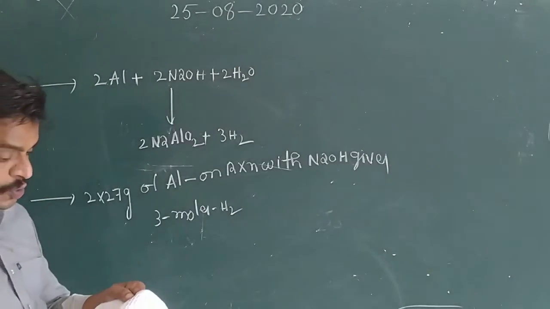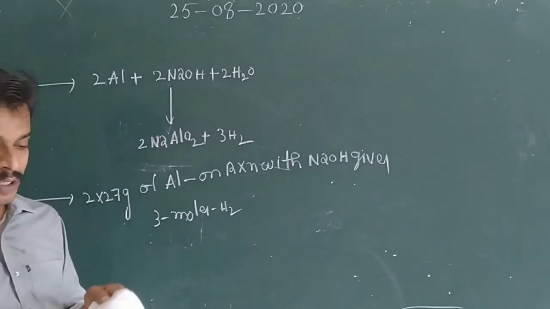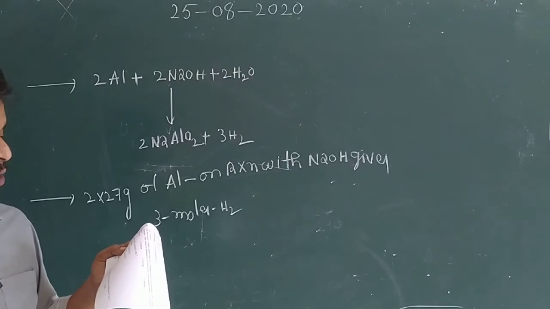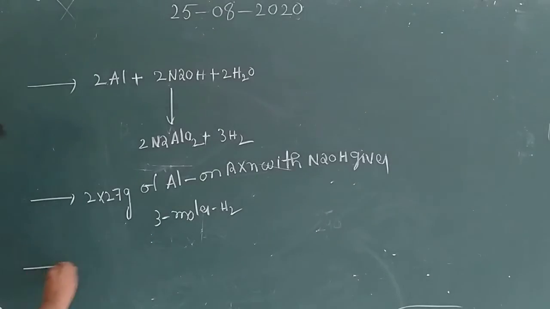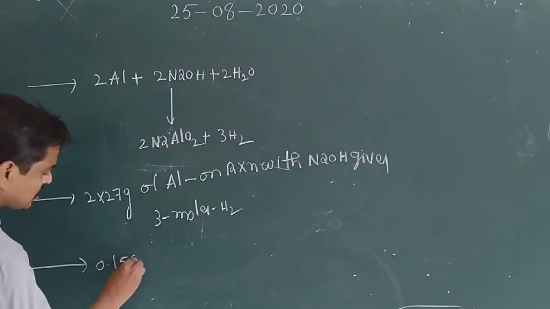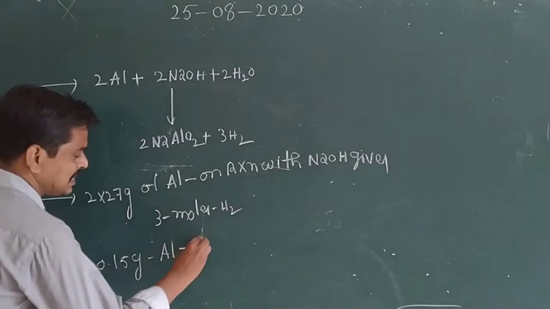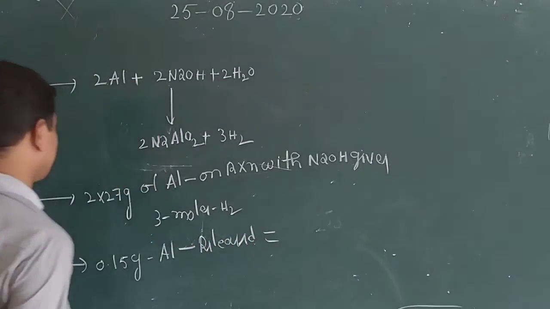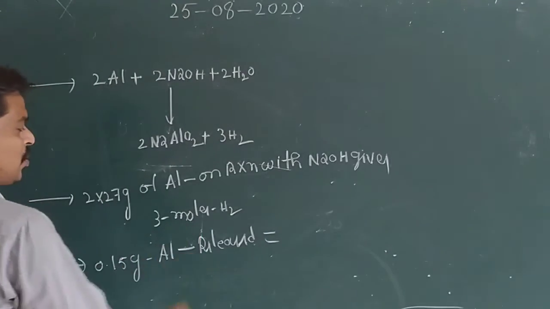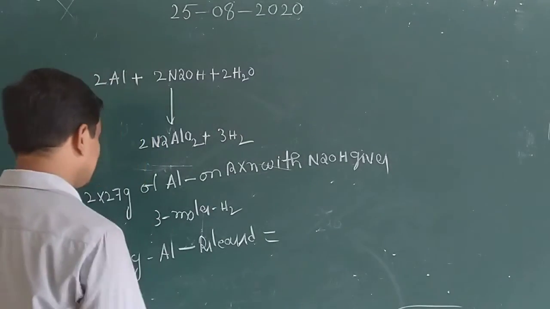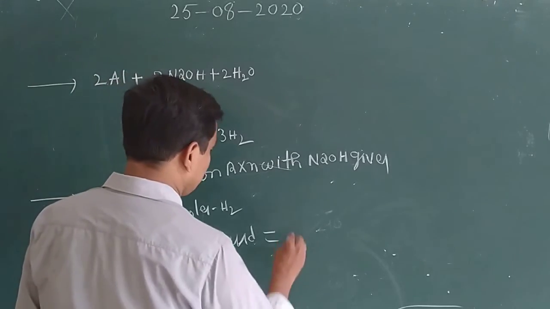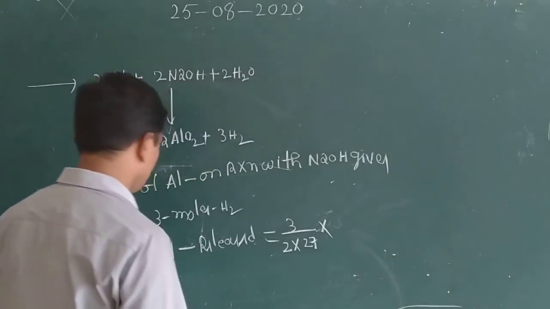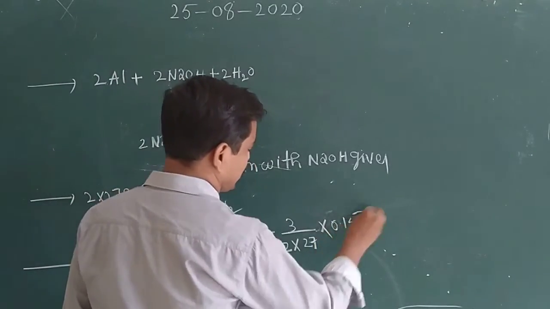Now we have to find how many moles of H2 are liberated when 0.15 grams of aluminum is reacted. Listen students, 0.15 grams of aluminum releases H2 equal to, students listen, 2 into 27 grams releases 3 moles, then 0.15 releases 3 by 2 into 27 into 0.15, students.